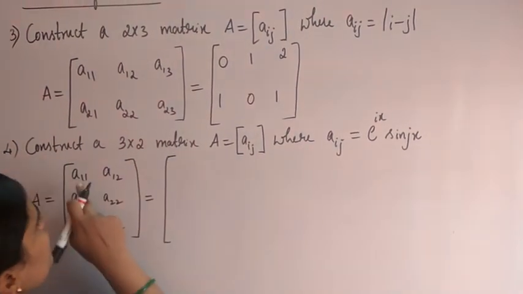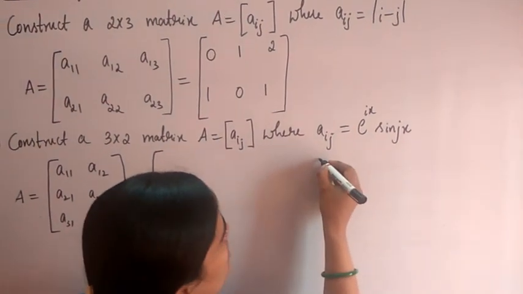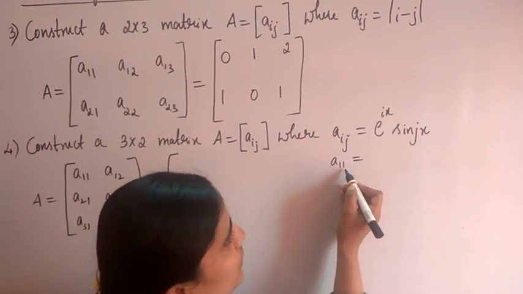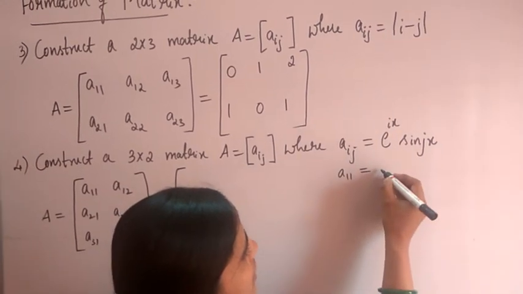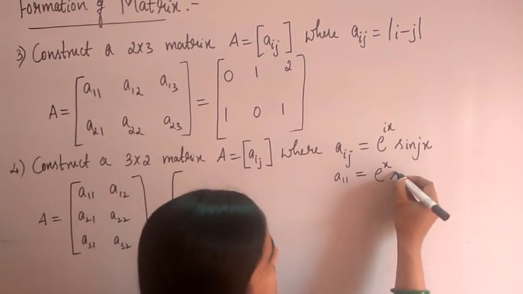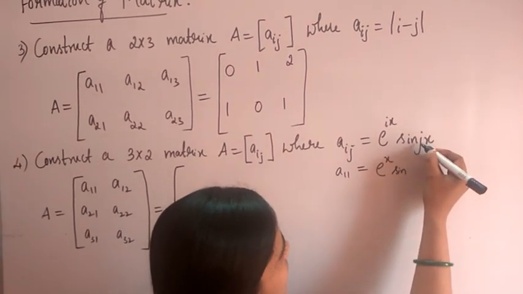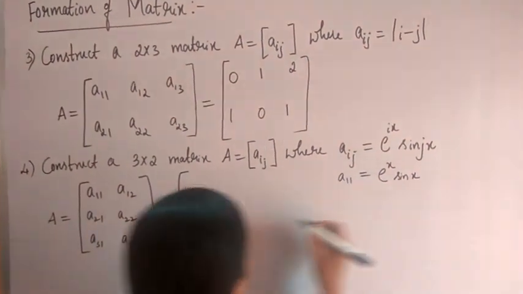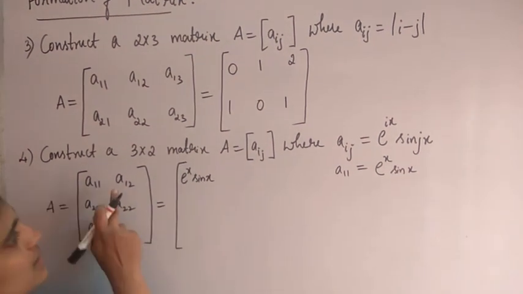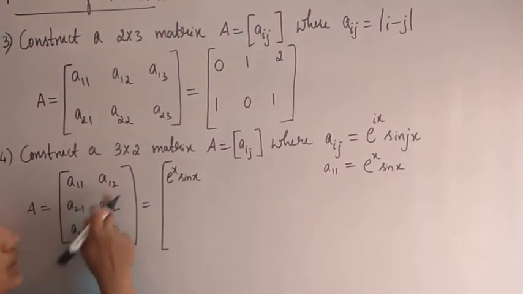First element is A11. So A11 is equal to, i value 1, j value 1. Substitute in this formula. We get e power i value 1 means 1 into x, x, sin j value 1, 1 into x, x. We get e power x sin x. Okay. So next element is A12.